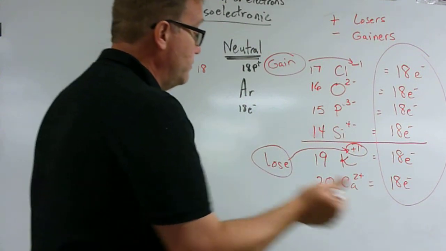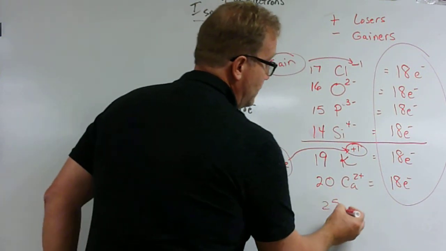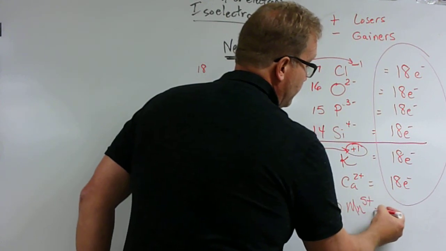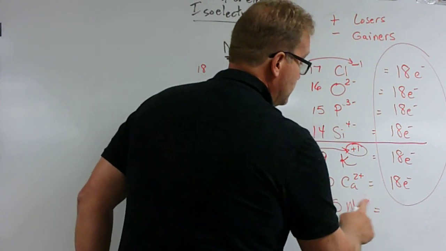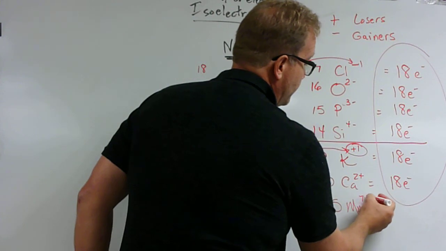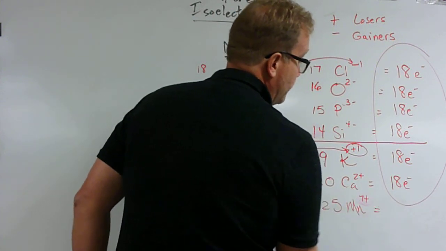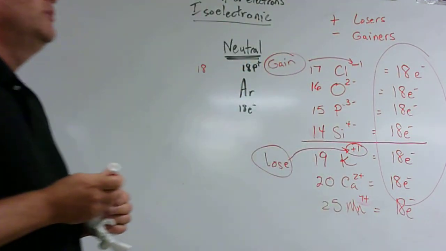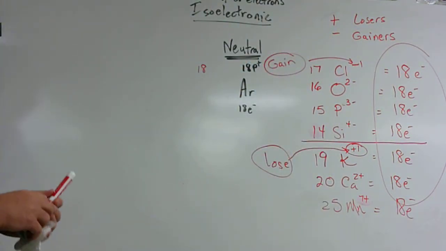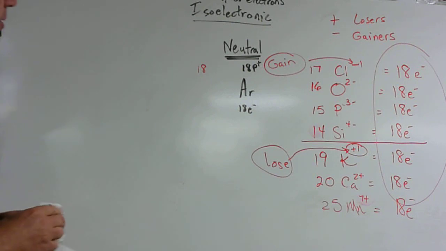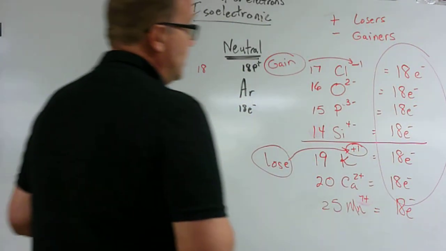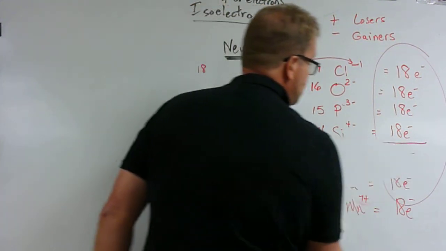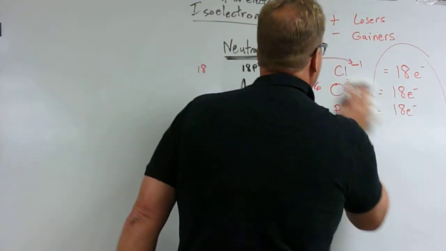Manganese is number 25. I would have to lose 7 electrons to get down to my 18 electrons here. But again, it becomes a little different when you're dealing with the middle part. You just look at your charges and look at your atomic number.